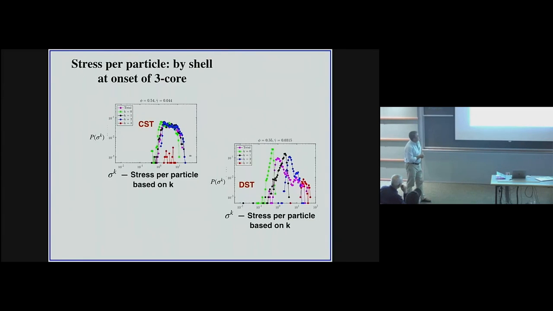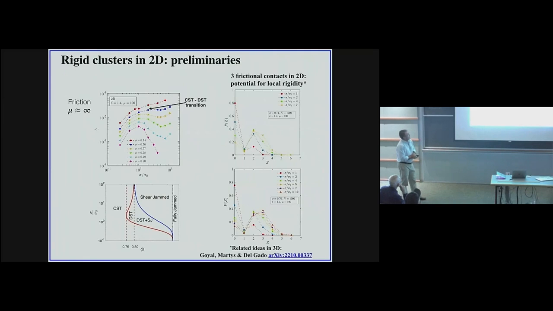On the other hand, so that's the data I just showed, when I go to that onset of DST, suddenly I added 0.01 in the volume fraction. Suddenly I have an order of magnitude difference in the stress per core, right? So the particles in the 3 core have a much larger stress, and that pulls the overall average up significantly. So that's one observation that we have been able to take from this. But it doesn't tell us anything a priori about the mechanics.